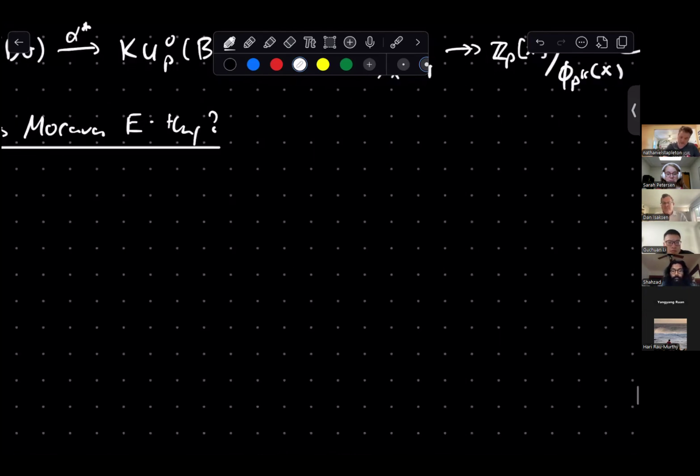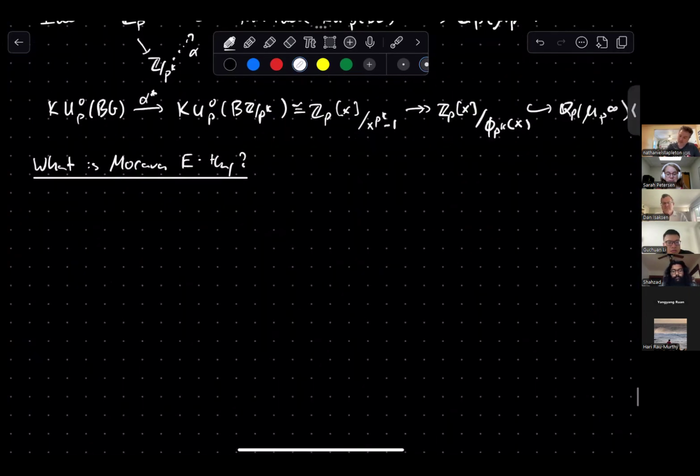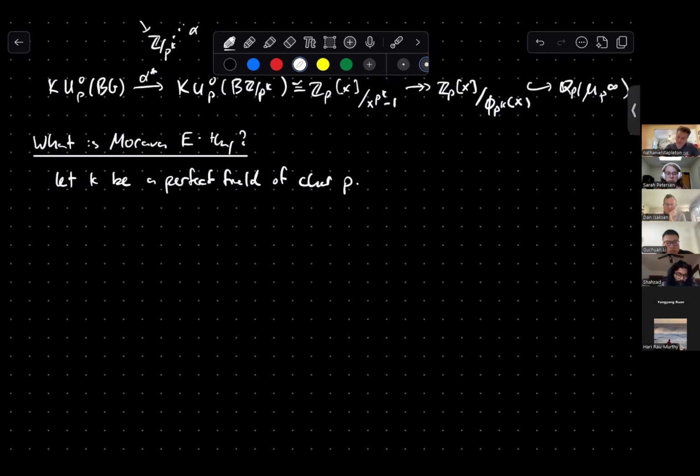So what the heck is that? So let's start there. Let K be a perfect field of characteristic p. Perfect just means that the Frobenius is an isomorphism.